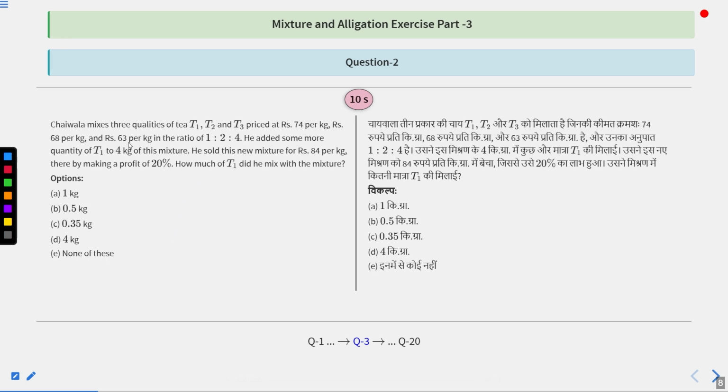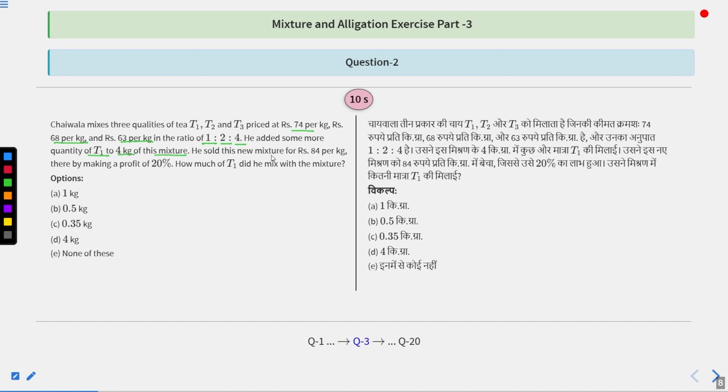Now the next question: a chai wala mixes 3 quantities of T1, T2 and T3, priced at 74 rupees per kg, 68 rupees per kg and 63 rupees per kg, in a ratio 1:2:4. He added some more quantity of T1 to 4 kg of this mixture.